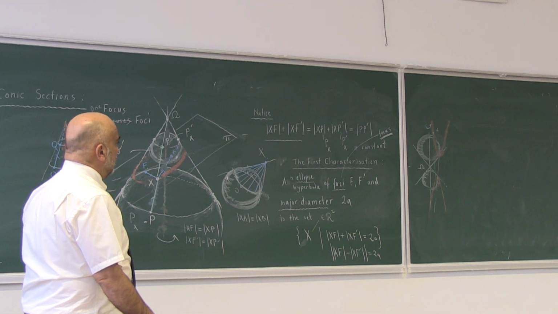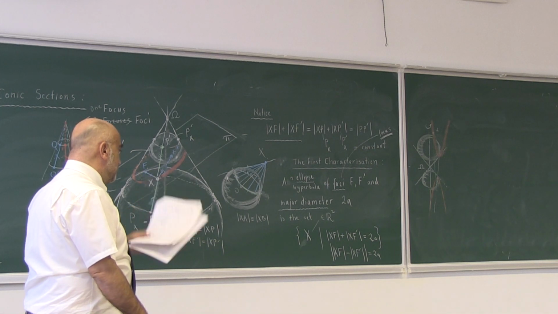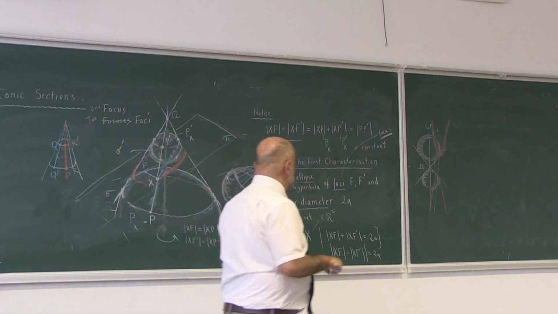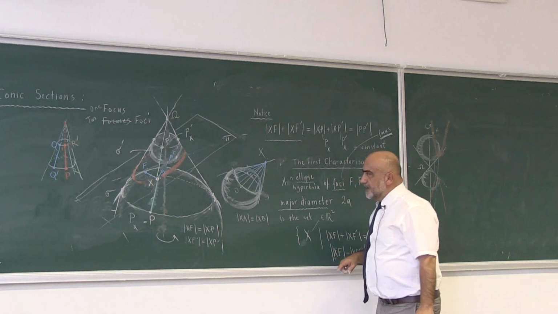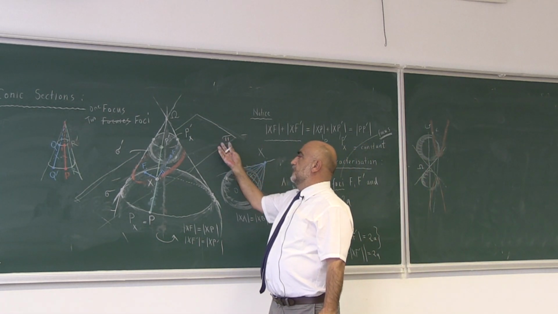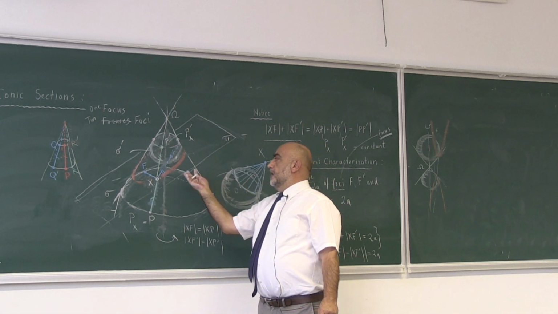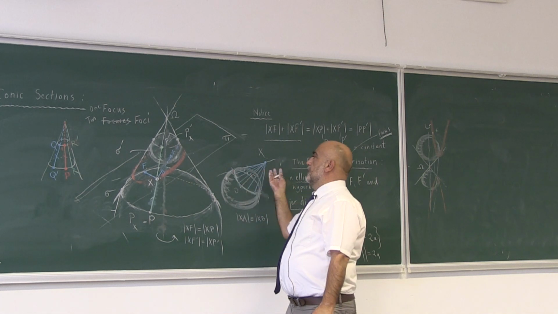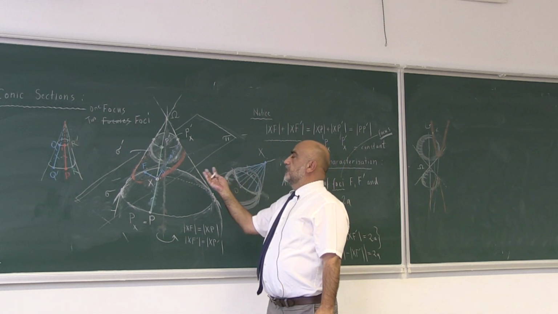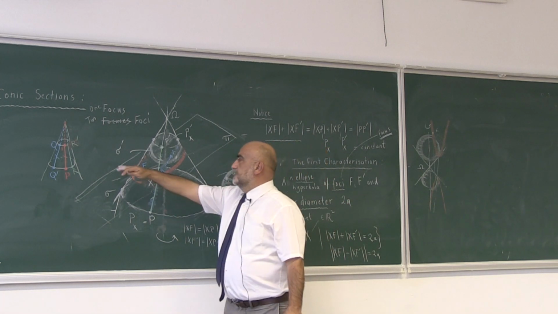Perhaps I should mention also one other exceptional situation. It can happen that the plane intersects the cone so that the plane is perpendicular to the axis of the cone.